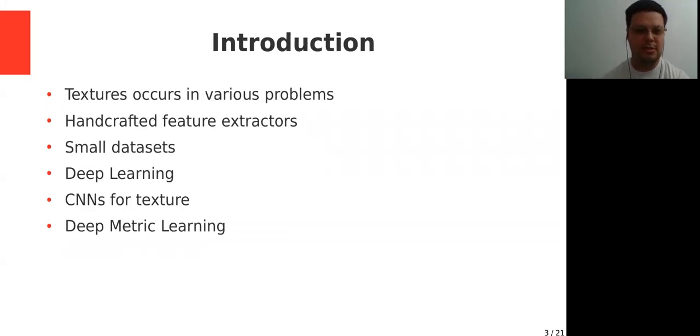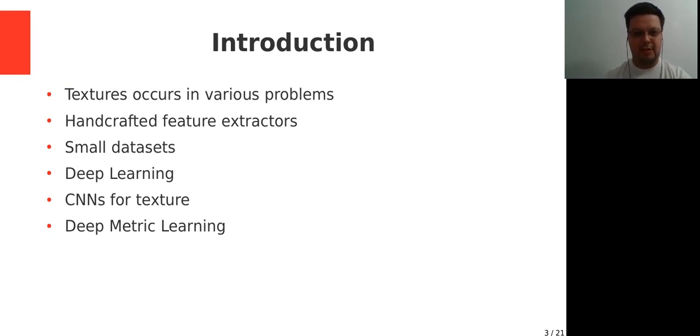So as an introduction, we are working basically with textures. Textures are patterns that are found in a lot of image problems. Even in problems like object recognition we have textures, but they are grouped, and this is what CNNs do very well.